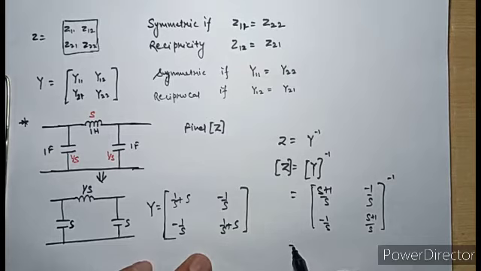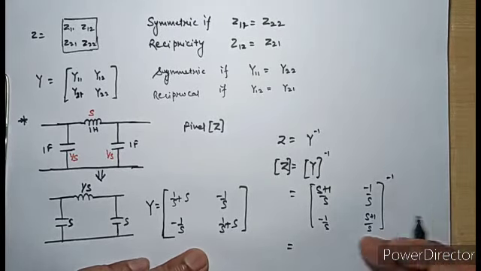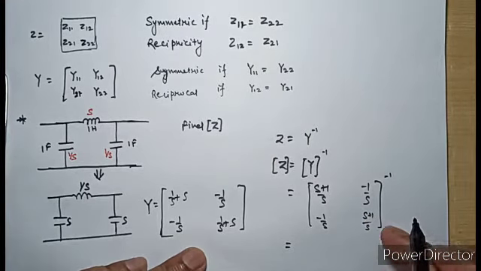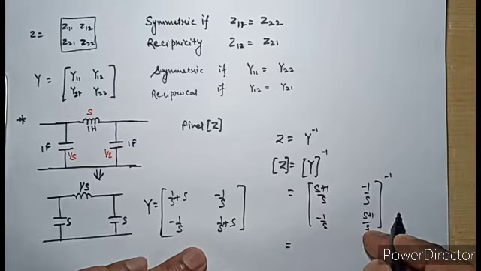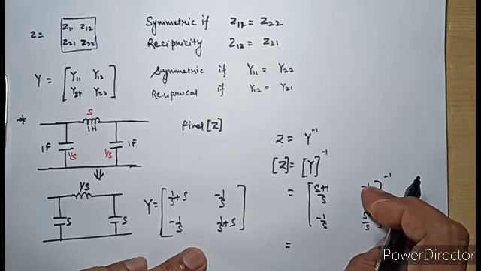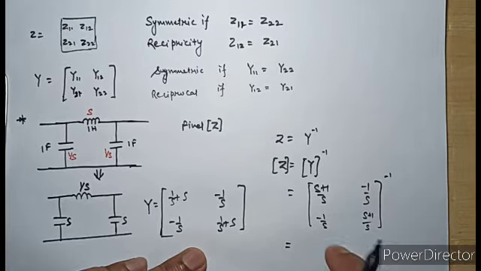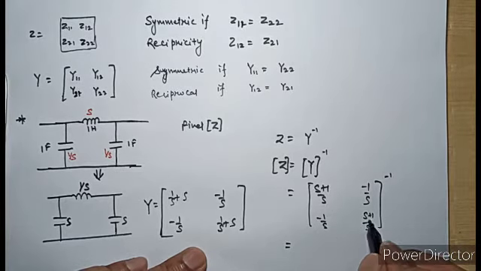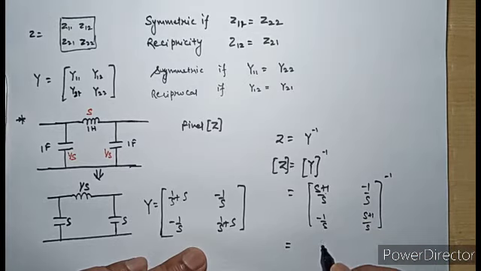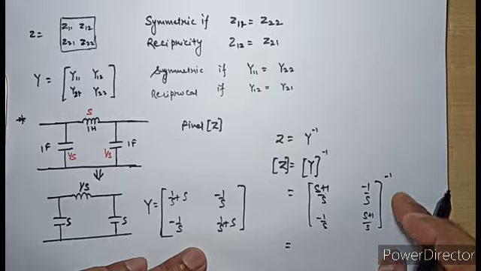Now its inverse will be nothing but, now this is a 2 by 2 matrix. To find the inverse of that 2 by 2 matrix, we simply interchange A and D, and change the sign of B and C, right? Means this will come here and this will come here, and we change the sign of these two, and divide by the determinant of this.